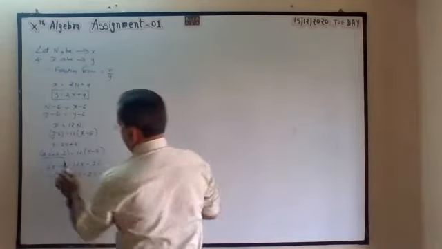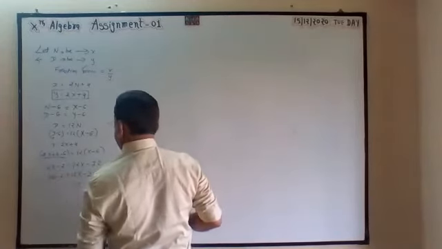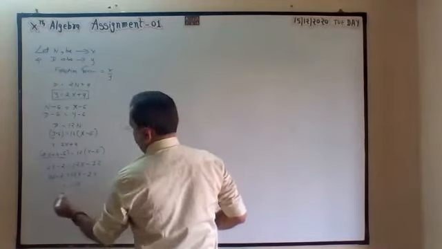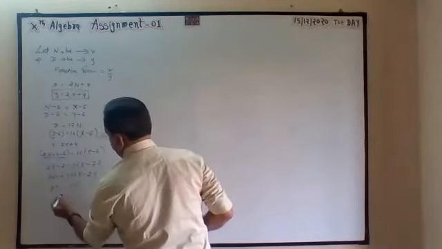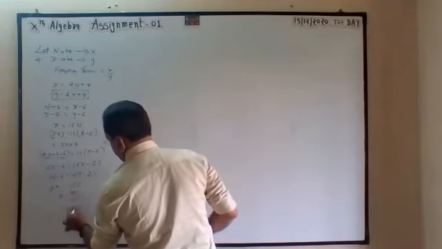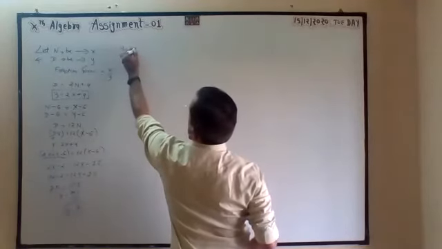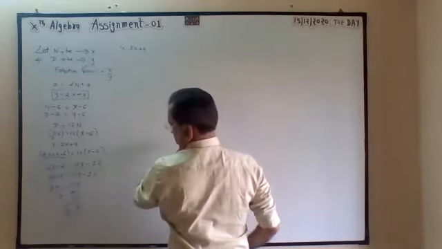See again. Okay, so this is 70. So x is equal to 70 divided by 10. So x is equal to 7. And we know that y is equal to 2x plus 4.